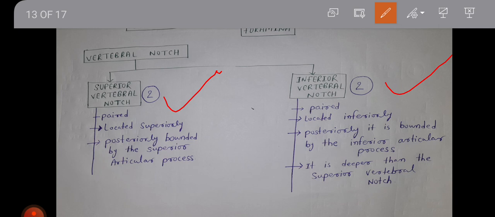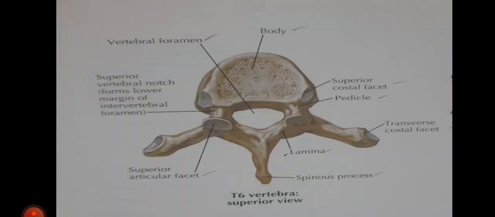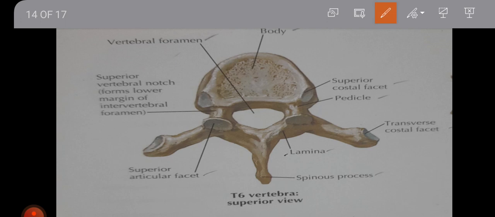Superior vertebral notches are paired, located superiorly, bounded posteriorly by the superior articular process. So let's see this image. In this image, this part is the superior vertebral notch. This is superior view.